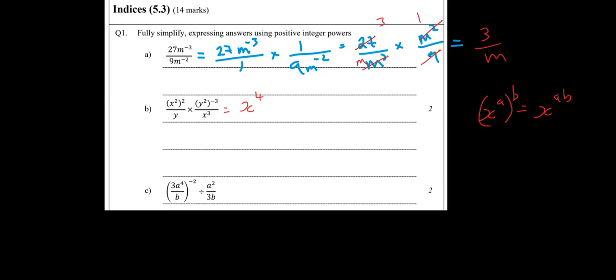So this becomes x to the 4 over y multiplied by x to the negative 6 over x cubed. So this becomes x to the 4 all over y multiplied by 1 over x to the 9.